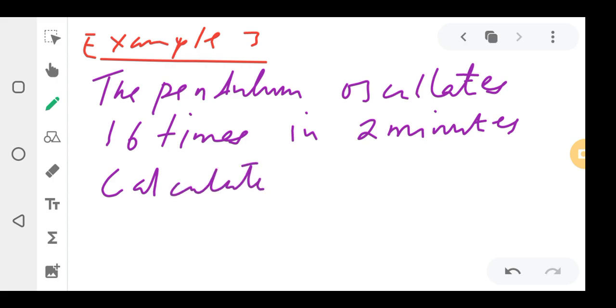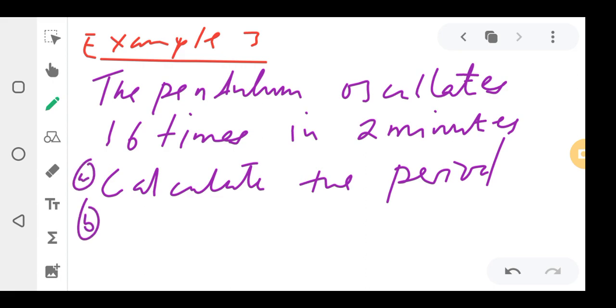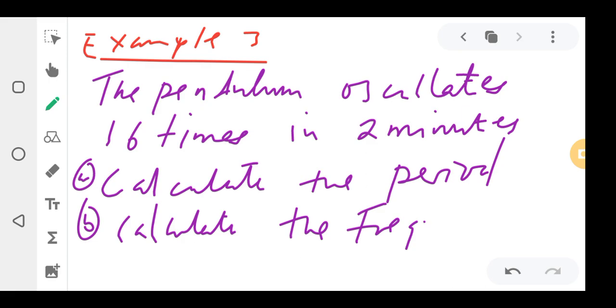Part A, calculate the period. Part B, calculate the frequency.